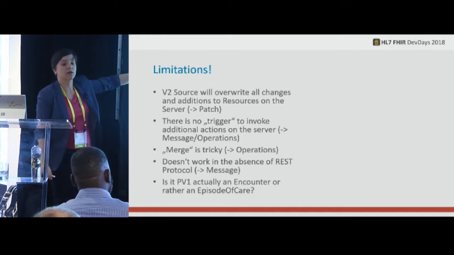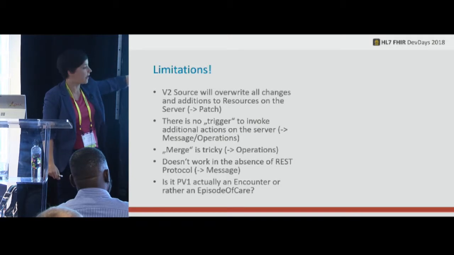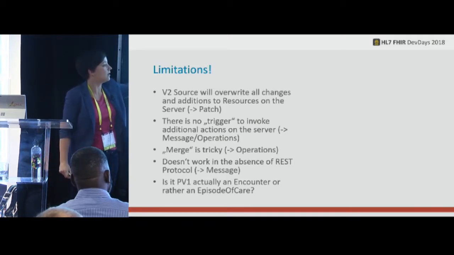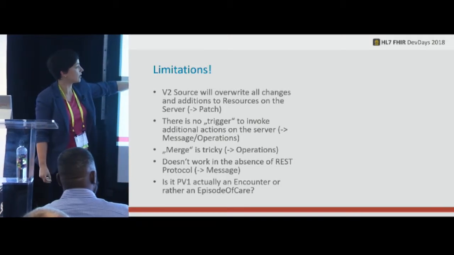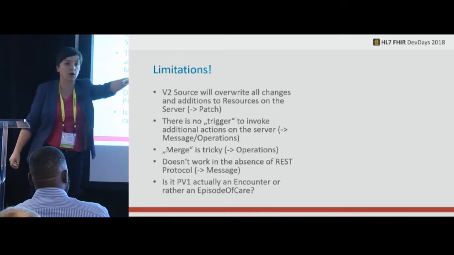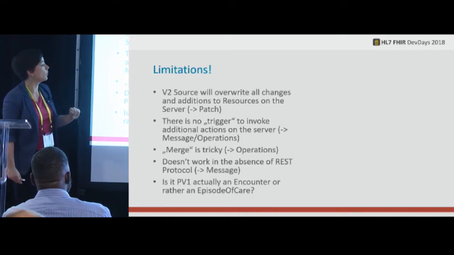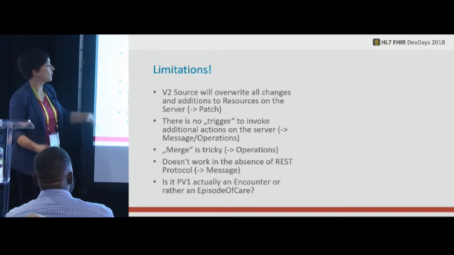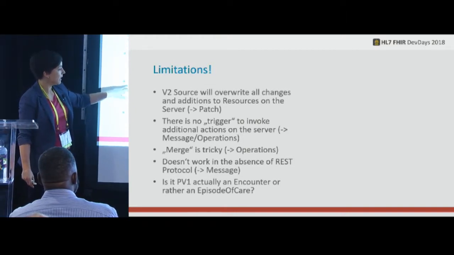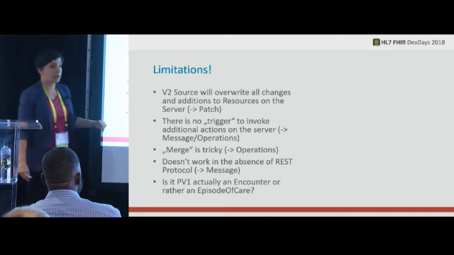That's not something that we could cover by using a transaction. In that case, we would really need either a message type interaction or an operation that we could call on the system that could trigger whatever business logic the server needs to perform upon the arrival of a new encounter.